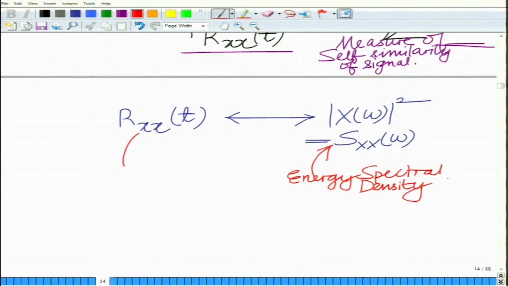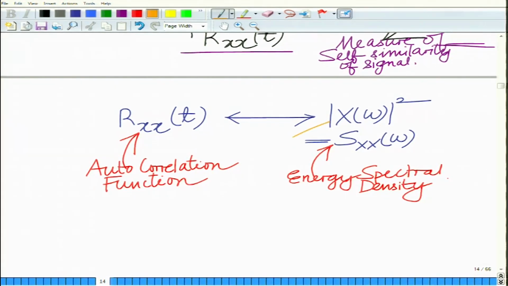So, the energy spectral density is the Fourier transform of the autocorrelation function, and note that it is the magnitude of x of omega squared.